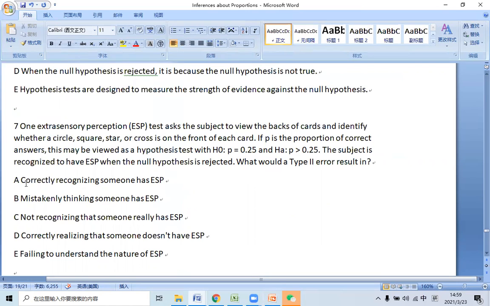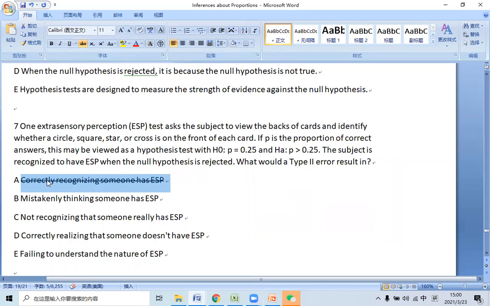See here. Option A says type 2 error is correctly recognizing someone has ESP. Is that a type 2 error? No. This is correct. If it's correct, it cannot be error.